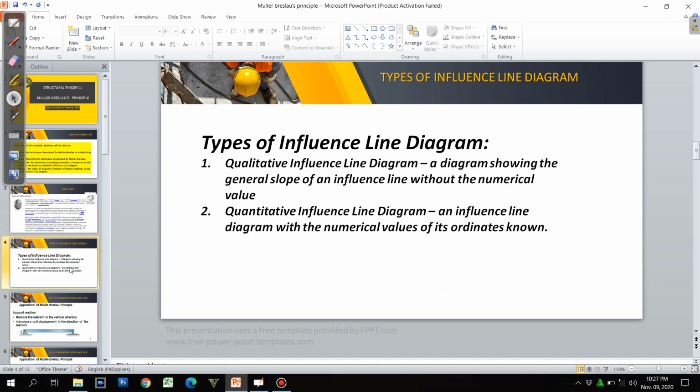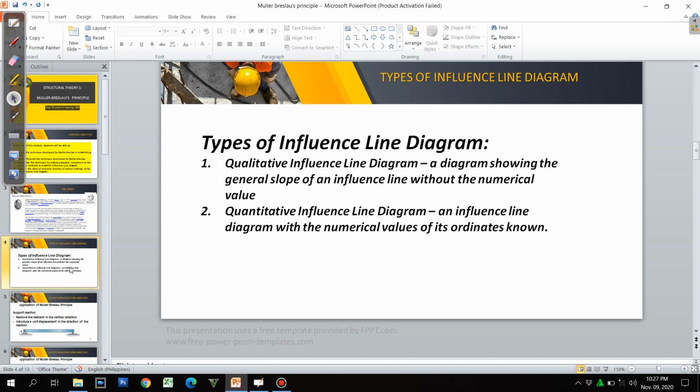So in our previous method, we have actually established the diagram after the numerical values. So from quantitative to qualitative.